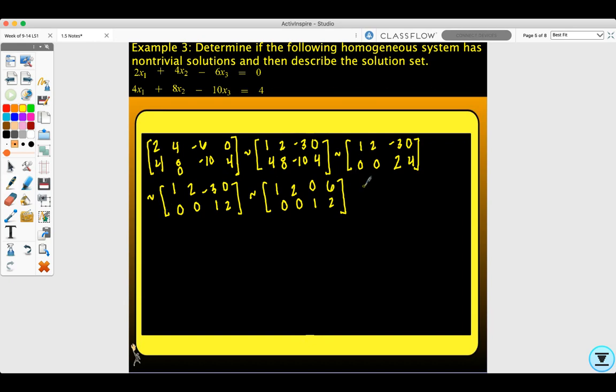So with this, x1 would be 6 minus 2x2. x2 would be my free variable. And x3 would equal 2.